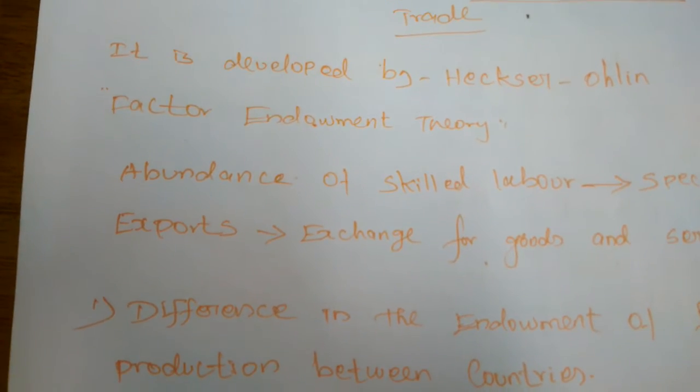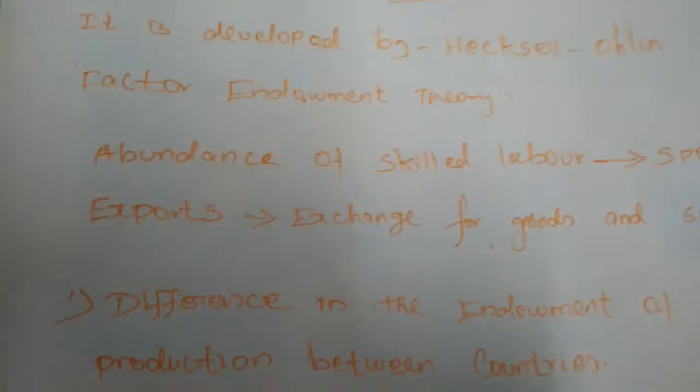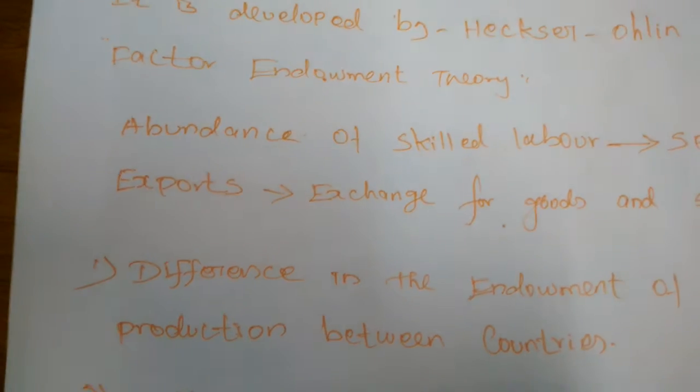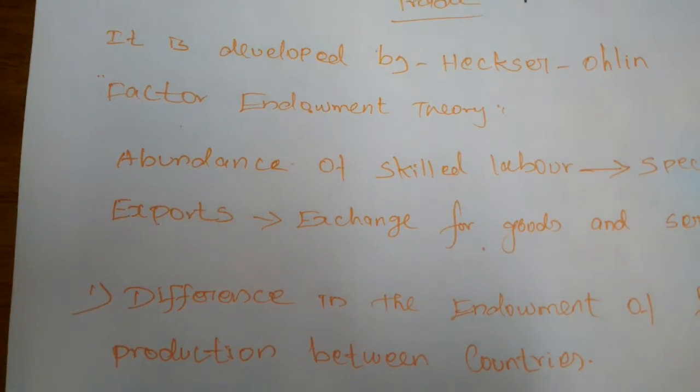So this theory is also called the factor endowment theory. The theory was developed by Heckscher and Ohlin.